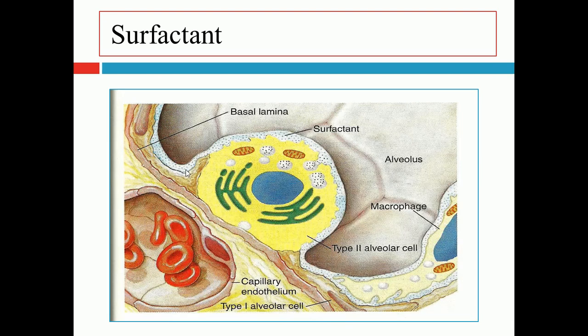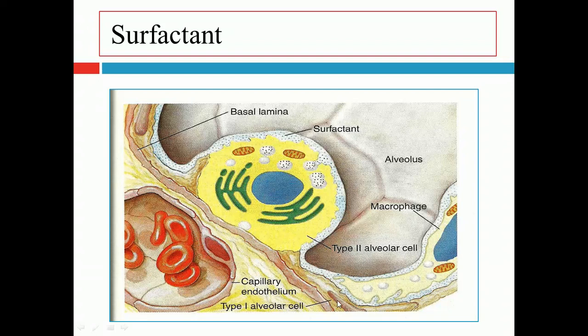Here you can see the surfactant is lining the alveoli. This is the alveolus and this is the type 2 alveolar cell, which produces surfactant, and here you can see it reduces the surface tension. Here is the capillary endothelium.